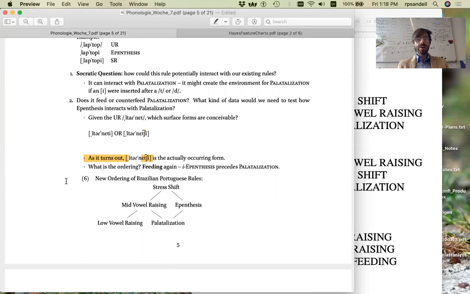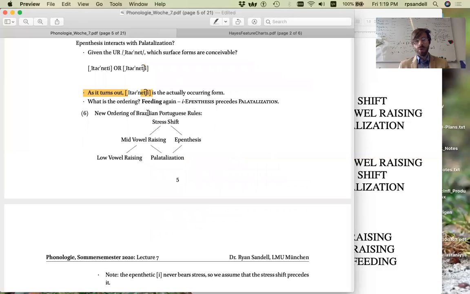So here, again, assuming that the stress shift applies before all other rules, which we can clearly see is the case in our Hasse diagram, I'll insert the process of epenthesis here, and will reflect the fact that it needs to apply before palatalization, and it also applies after mid-vowel raising.